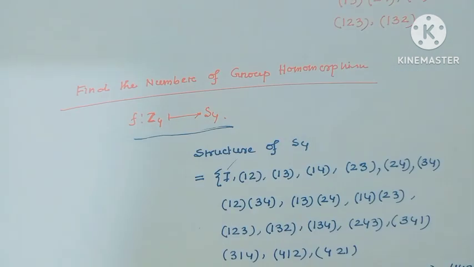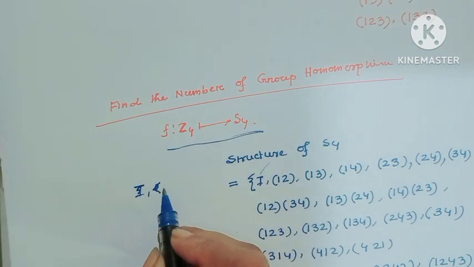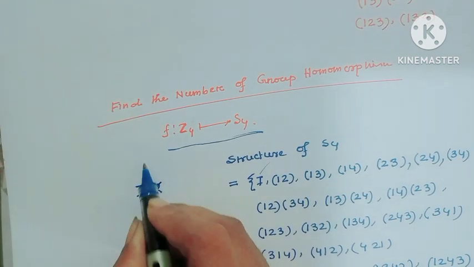Then how many homomorphisms exist from Z4 to S4? Now we have to find the normal subgroups of Z4.